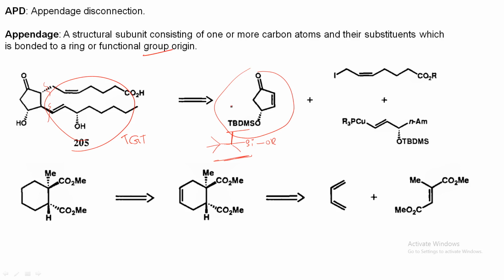So this is one of the appendages, and what are the other two? You can see, if we disconnect here, we can think of an electrophilic attack here, as it is a Michael acceptor.